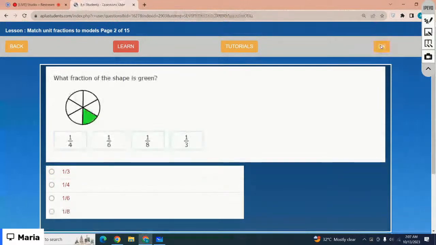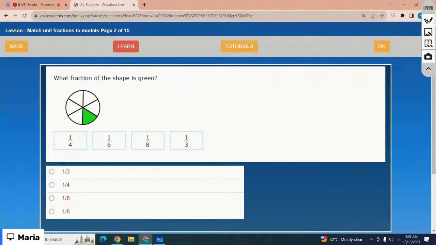What fraction of the shape is green? Which is the correct option? If you already know the answers, you can please write down the answers in the chat box. Which is the correct option? The shape has total 1, 2, 3, 4, 5, 6 portions. And what fraction of the shape is green?